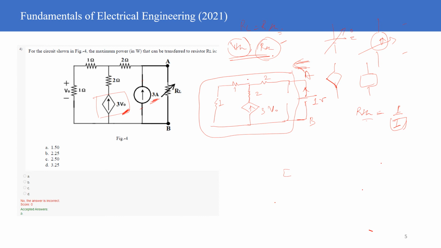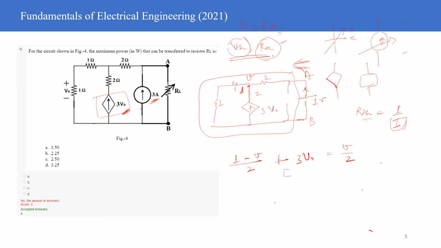So what you will do is take this voltage as V, and you will write the KCL at node A. Let me call this node A. So (1 volt minus V) divided by 2, plus 3 V naught, is equal to V divided by 2.